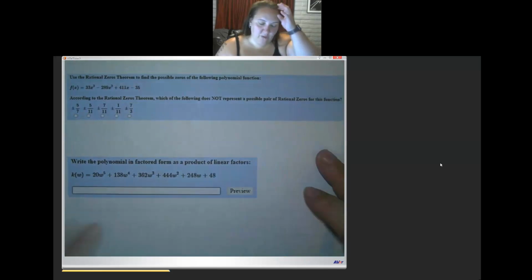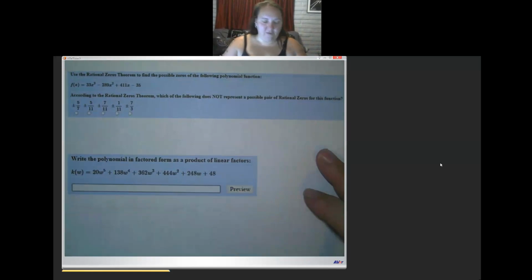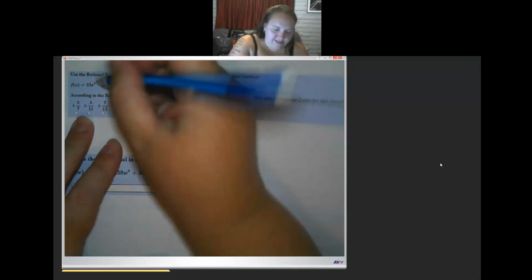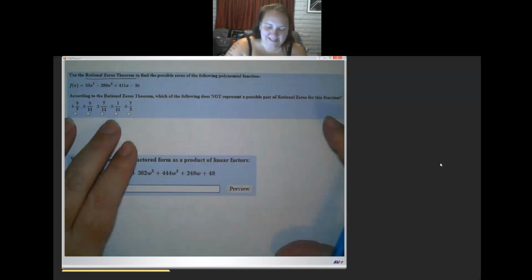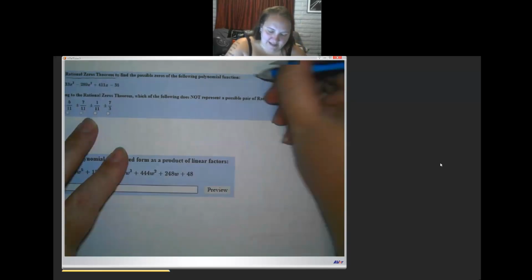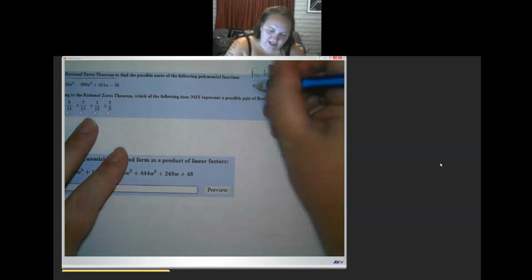Okay, so when we're talking about polynomials, the rational root theorem tells us that if a rational 0 exists, it is a factor of the constant divided by a factor of the leading coefficient.